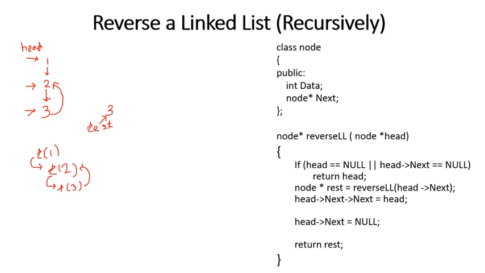Then we do head arrow next is equal to null. So head is 2, and 2 arrow next is equal to null. So this link is broken. These two steps in the function do the actual reversal.